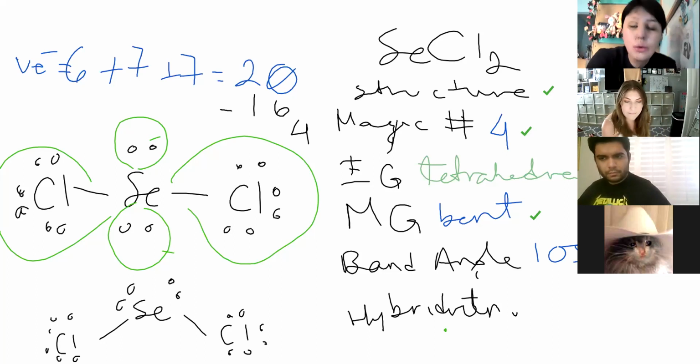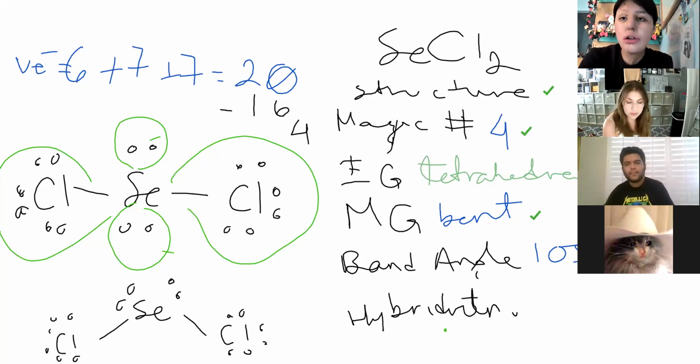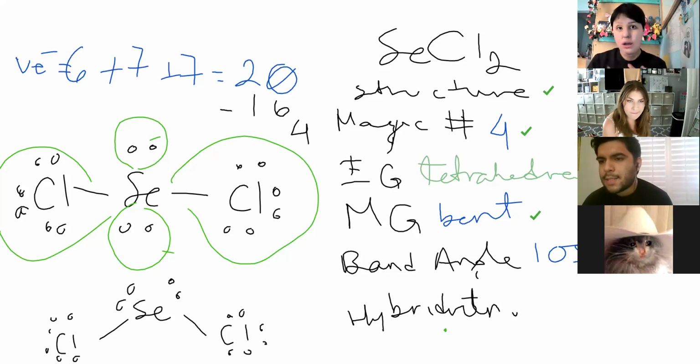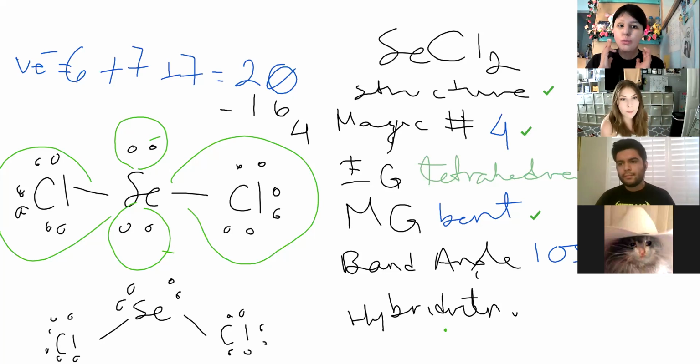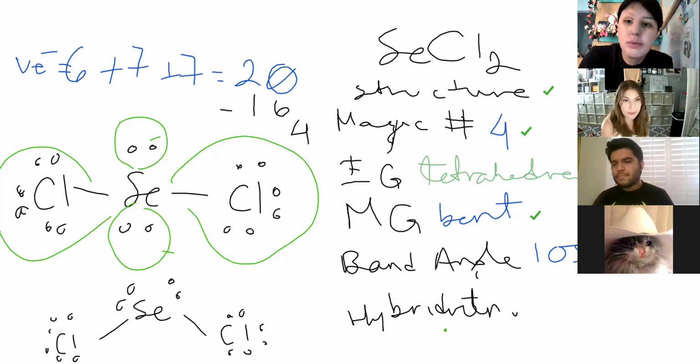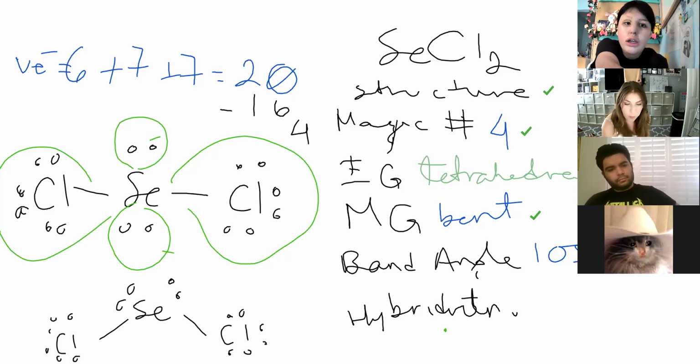Okay, so let's put to the test the ways that we learned hybridization just now. You can use my way, or you can use Brooke and Andre's way, whichever you prefer. So what do you want to do to find out the hybridization?